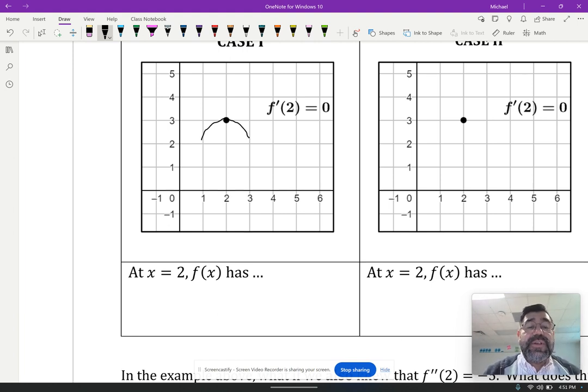In this picture, this is f. Now, f can go on and do other things, but at x equals 2, f prime is equal to 0. Would you agree with that? If that's the case, looking at my statement, at x equals 2, the original function has a relative minimum.